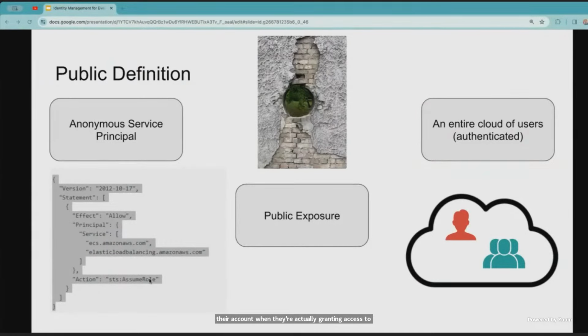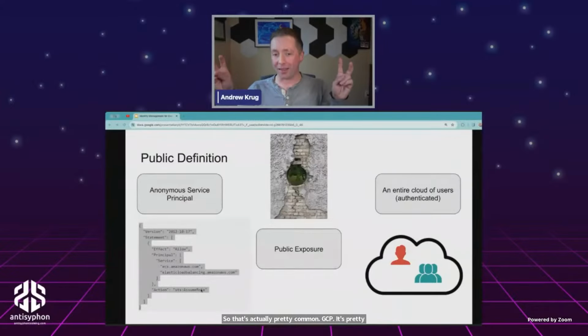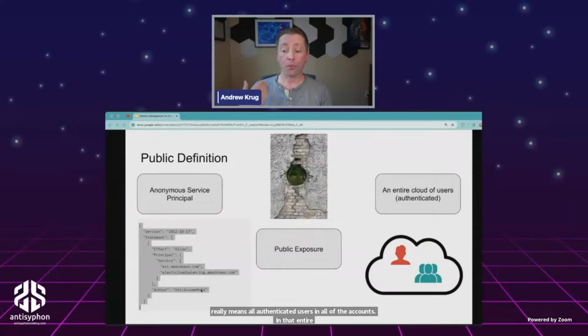That's pretty common on GCP. It's also pretty common on AWS, where there is a principal just called authenticated users that really means all authenticated users in all of the accounts in that entire cloud provider. So those are the 3 top things that we see over and over again as the root cause of data breaches or IAM mismanagement.